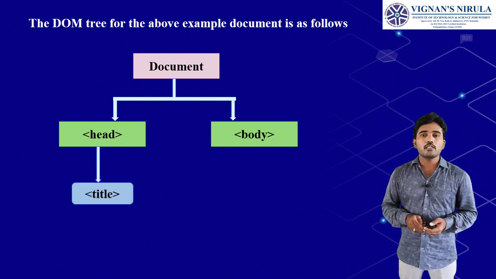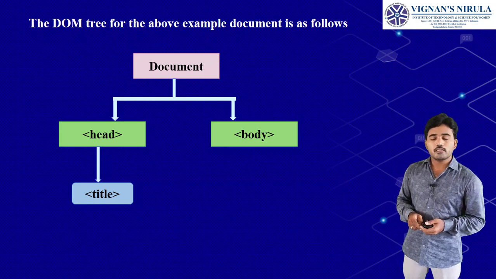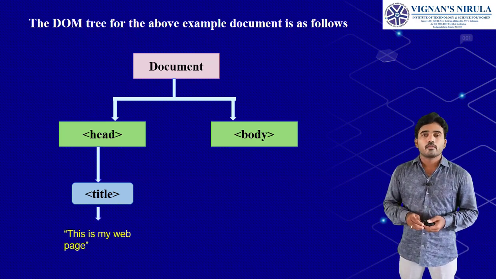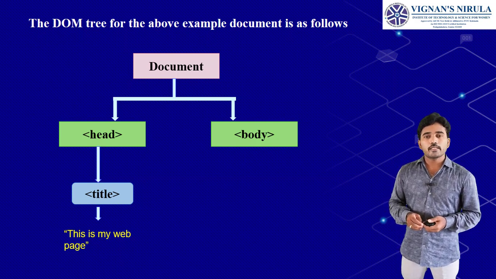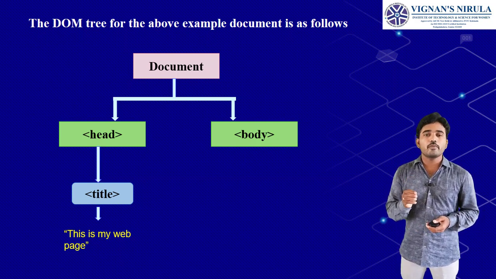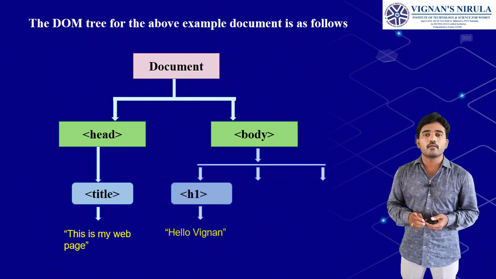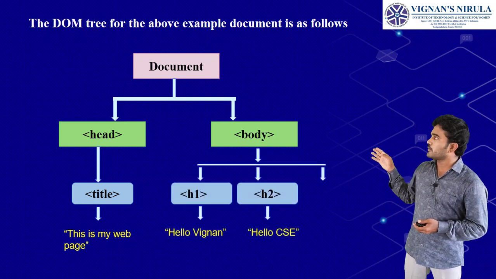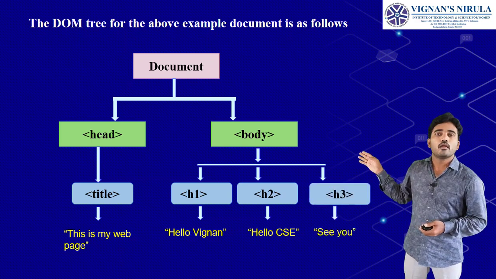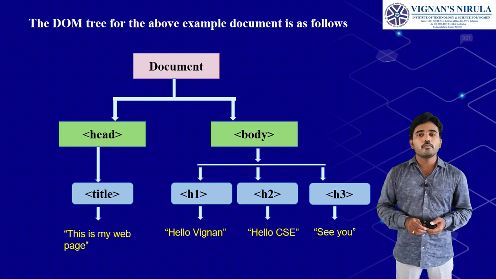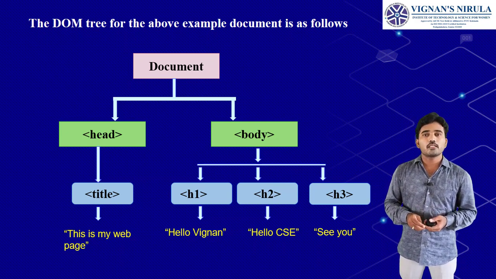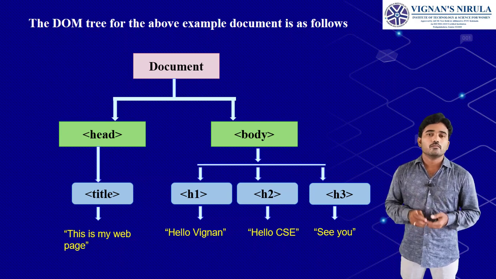If you observe the head, it consists of the title as a child, and this title has some title information, that is the content, this is my web page. Whereas coming to the body, you have three child elements like H1, H2 as well as H3. Those three child elements have their own corresponding information like hello Vignan, hello CSE followed by CU.